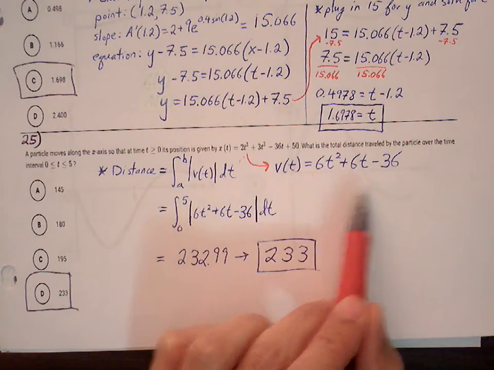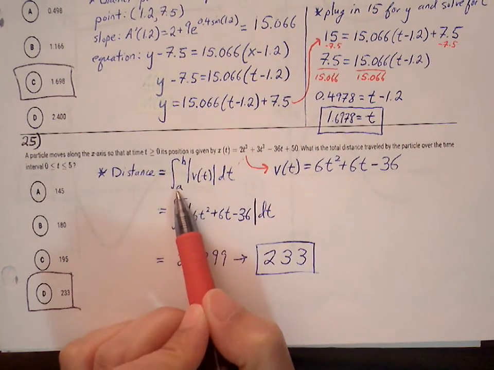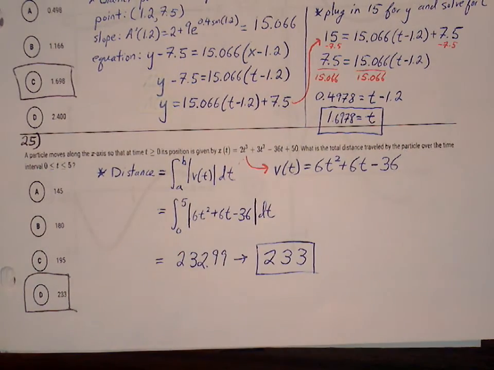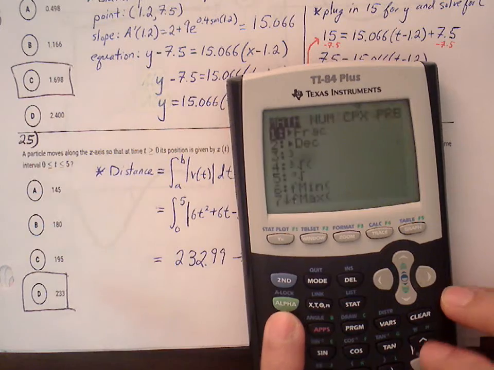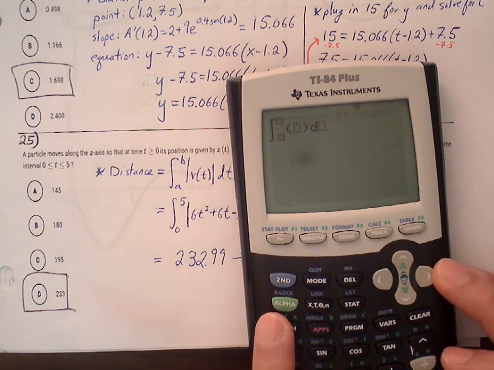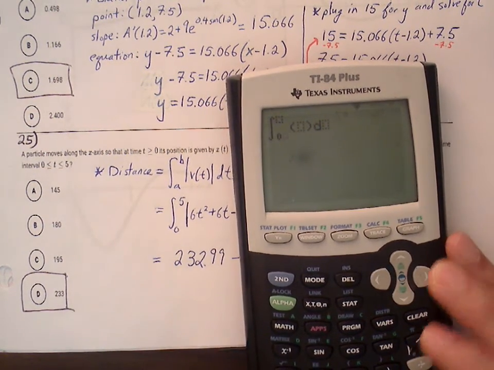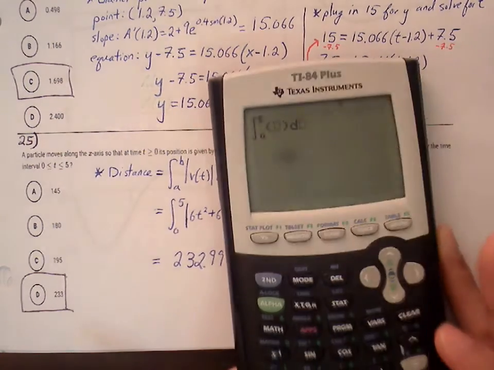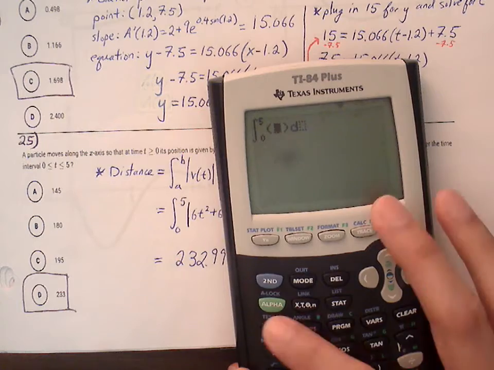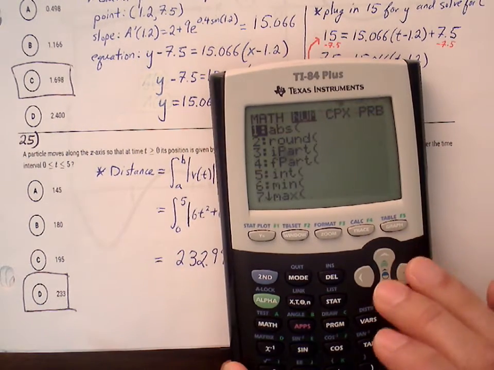We just use our calculator, use math 9, okay. Definite integral from a to b, that's from 0 to 5. And then to get to that absolute value feature, you're going to go to math number ABS.